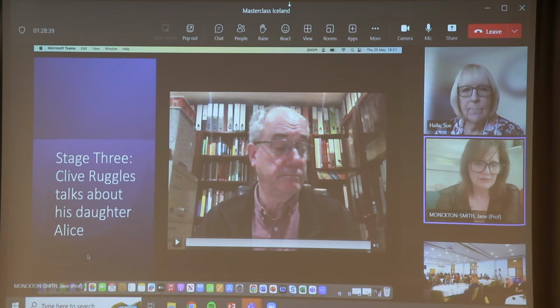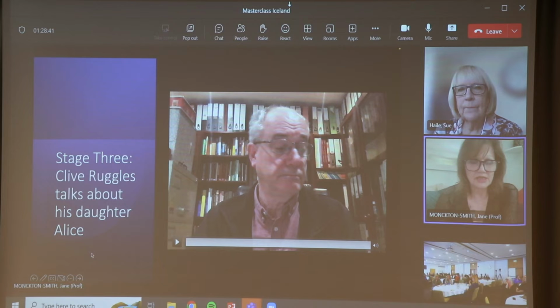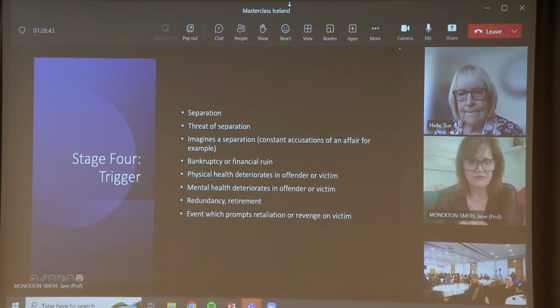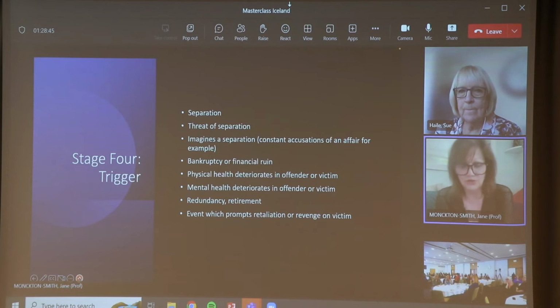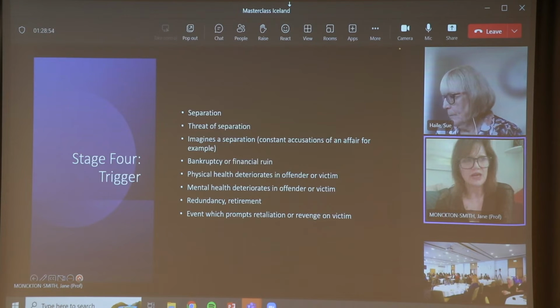Anyway, we'll move on then to stage 4. Now, stage 4 is where the risk starts to rise. So you've got this relationship that is dominated by controlling patterns. It's going on and on. What brings it to an end?